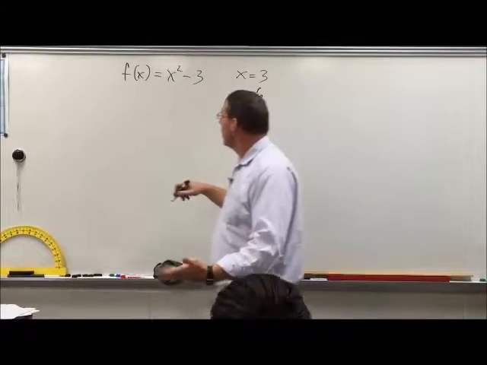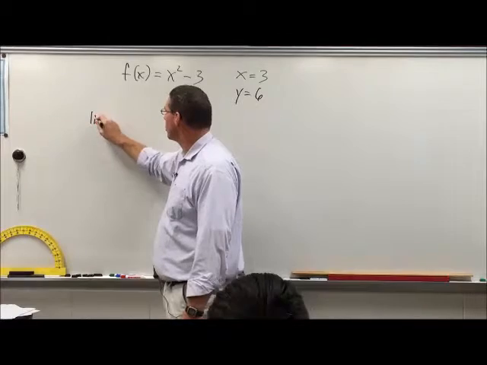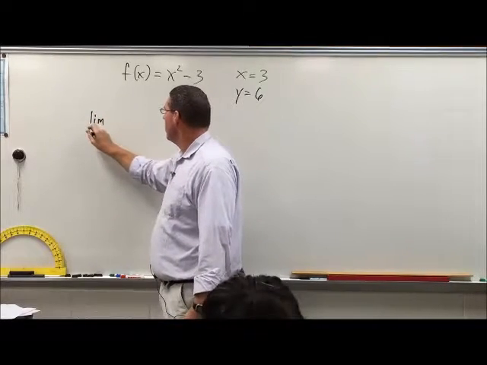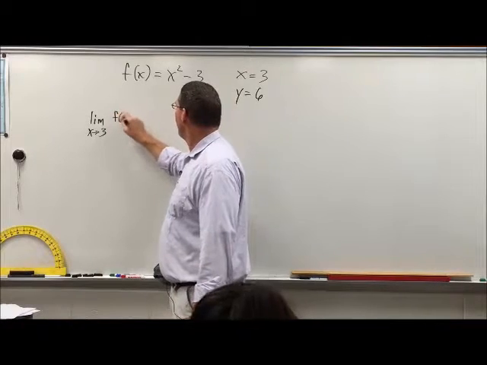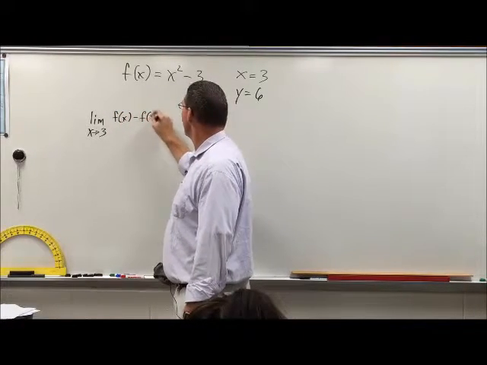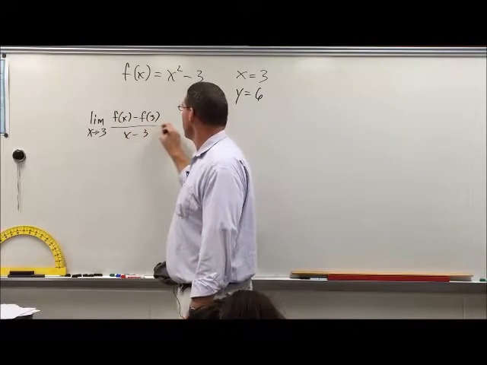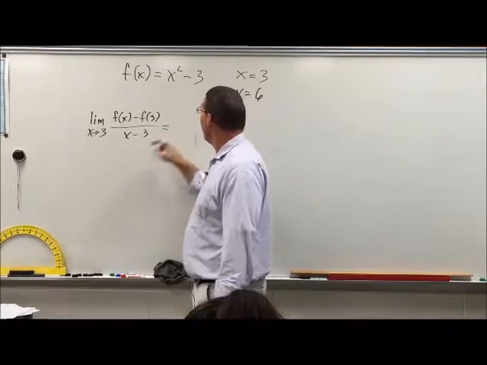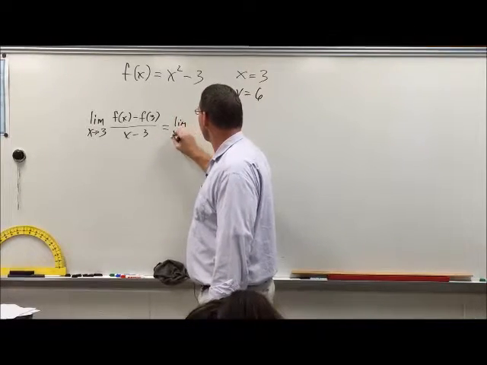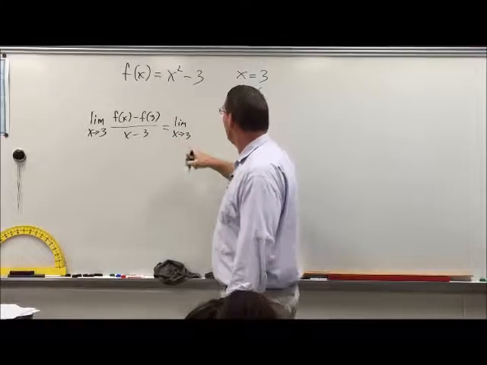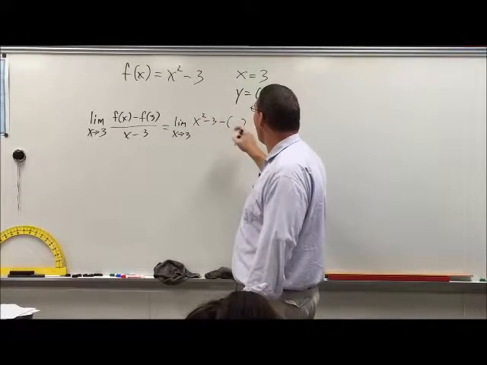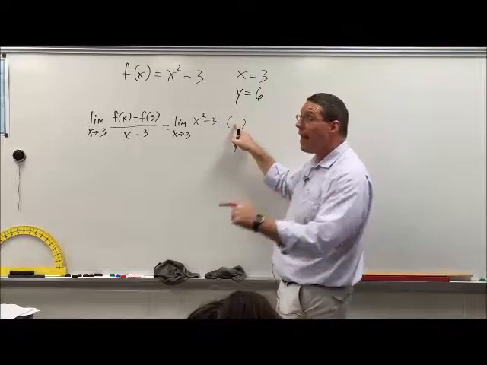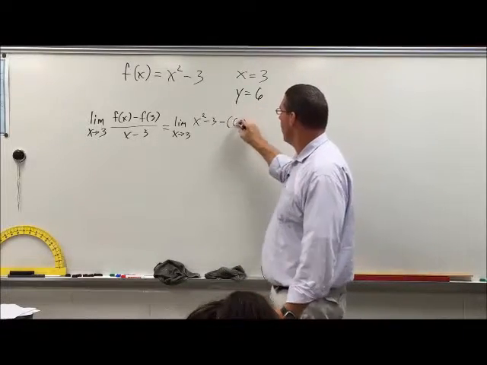Now we need an instantaneous rate of change, which is the slope of the tangent line. The limit as x approaches 3 of f of x minus f of 3 over x minus 3. Now, f of x, so we get the limit as x approaches 3 of x squared minus 3, minus the output value, which we already calculated as 6, right?